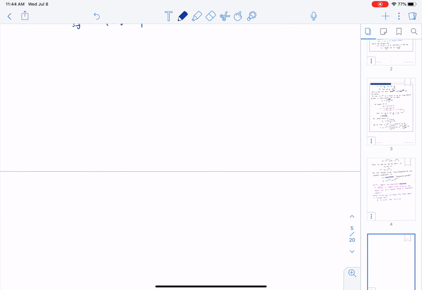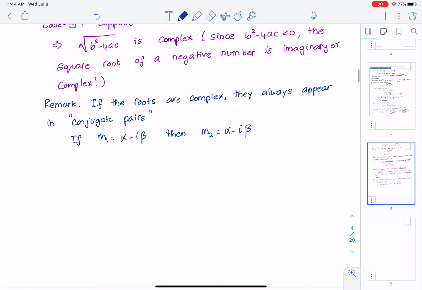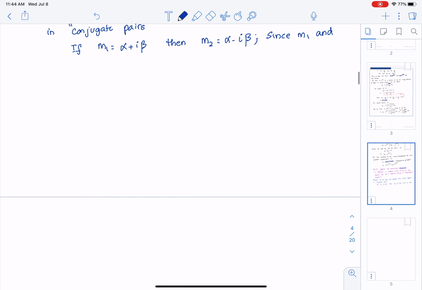So since they are conjugate pairs, since they are not the same, y1 would be e raised m1x, that would be one solution.